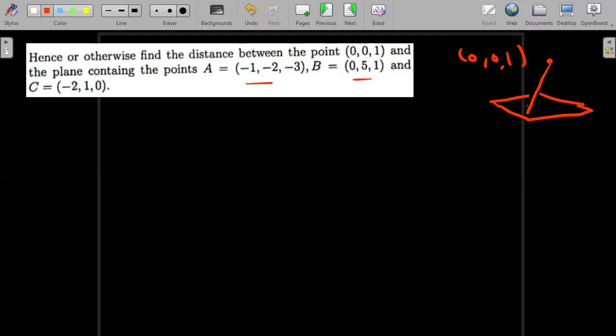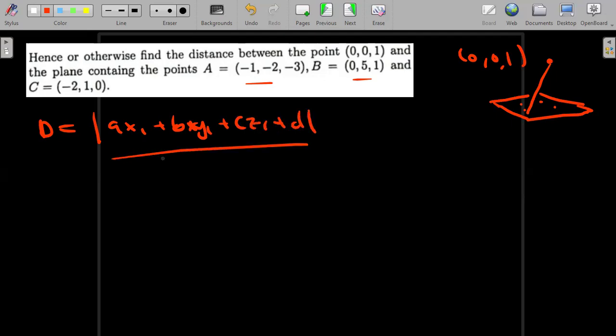Then we've been given vectors on the plane. We have 3 vectors on the plane. So we use these 3 vectors in order to find, first of all, we know from our formula that we have. So our formula is here. Our formula is the modulus of A x1 plus B y1 plus C z1 plus D, divided by the root of A squared plus B squared plus C squared.